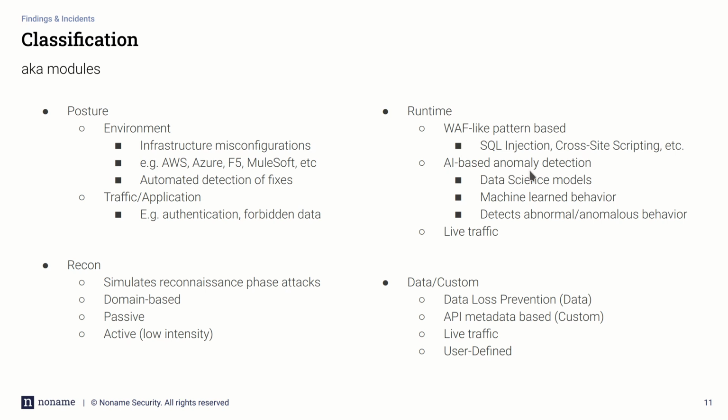And then we have the AI-based anomaly detection where we build data science models. And again, you may be wondering, what the heck is a data science model? Well, it's the marriage of statistics with machine learning. That's what data science is. I remember back in my day when I was doing a minor in commerce, we used to call them decision science.